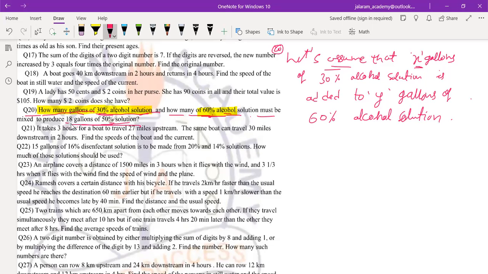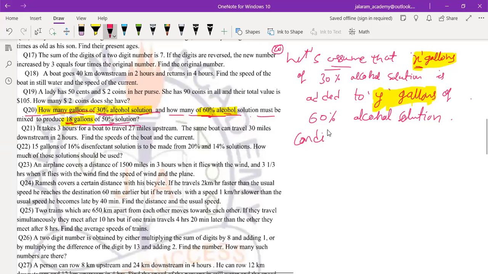So the total amount of solution which we get is 18 gallons. Look at this. We are getting 18 gallons of solution, and we are adding X gallons of first type with Y gallons of second type. So the total solution which we are mixing is X plus Y gallons.